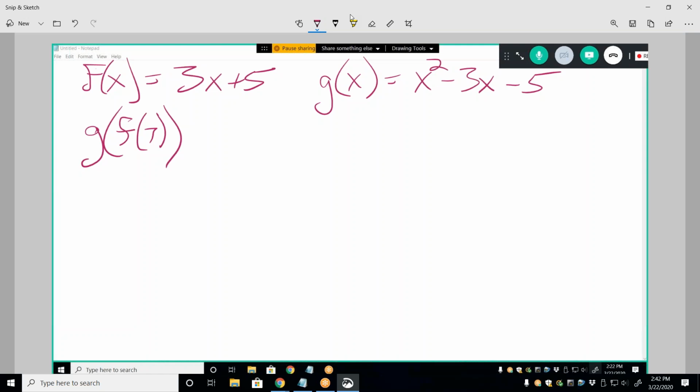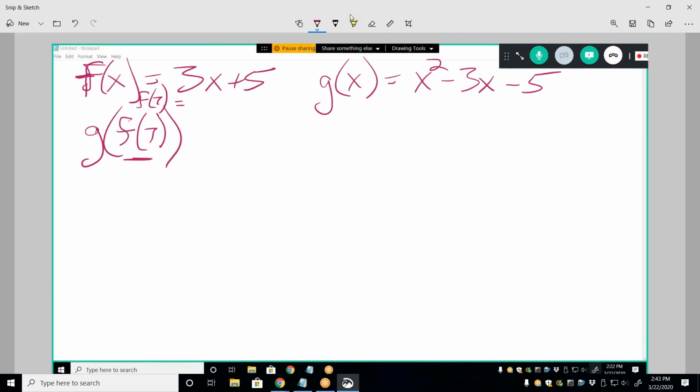So where do we start? Always start inside out. What's f of 7? That's easy. So you plug 7 in for x in the f function.